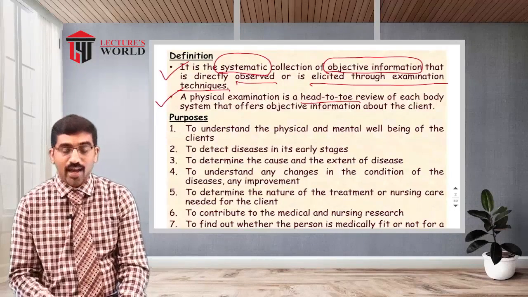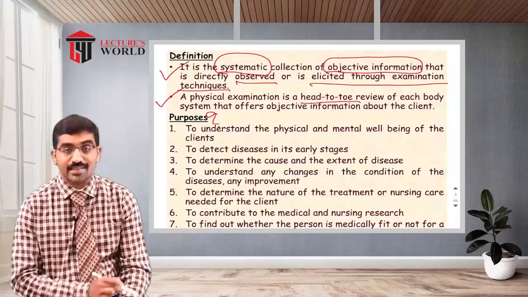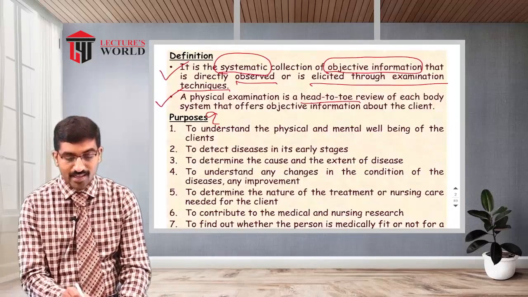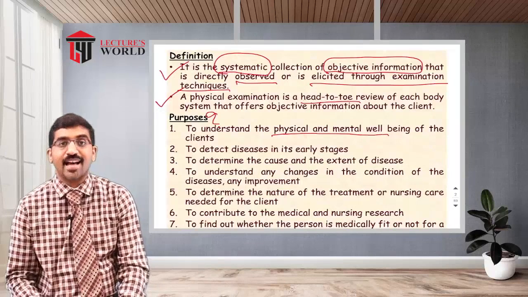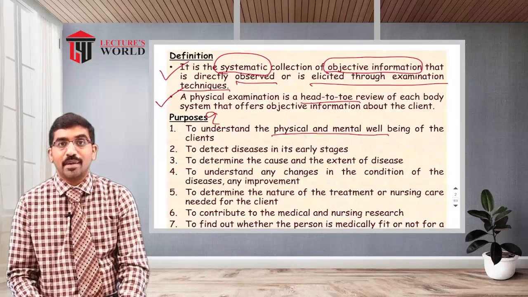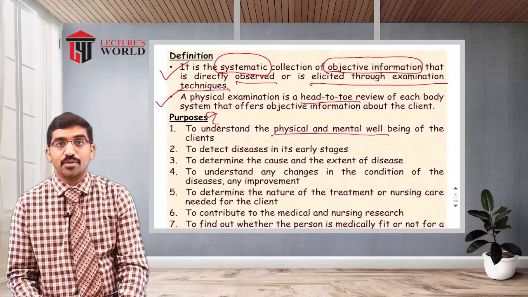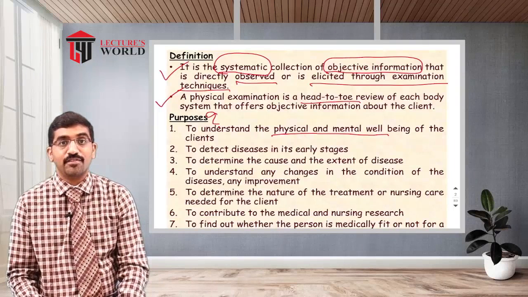Next is why we do physical examination, that is, the purpose. The first purpose is to understand the person's physical and mental well-being. Mental well-being is also very important, right? Because physical as well as mental health is to be taken care of. In the health definition, you might have learned the WHO definition, which is very common.